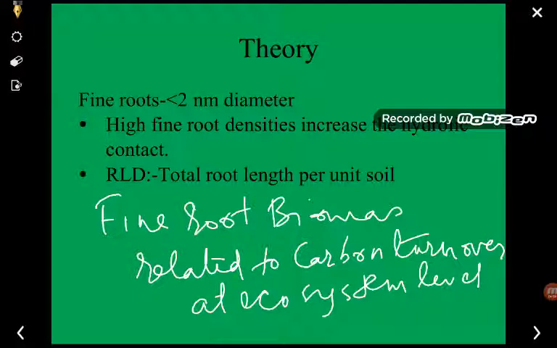It is a parameter related to the carbon turnover at the ecosystem level. मतलब ecosystem level पे कितना amount of carbon का turnover हुआ है, and that's why the name, that is the fine root biomass. Biomass means the turnover of carbon at the ecosystem level.